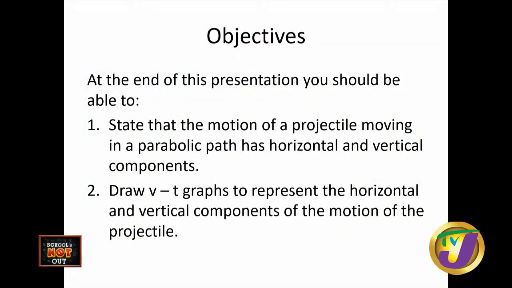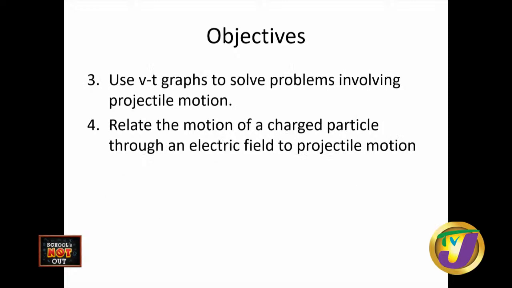So the objectives for today's lesson are, at the end of this presentation, you should be able to state that the motion of a projectile moving in a parabolic path has horizontal and vertical components. Draw velocity time graphs to represent the horizontal and vertical components of the motion of the projectile.